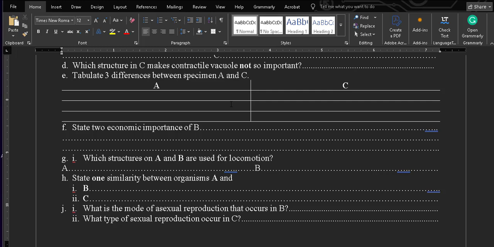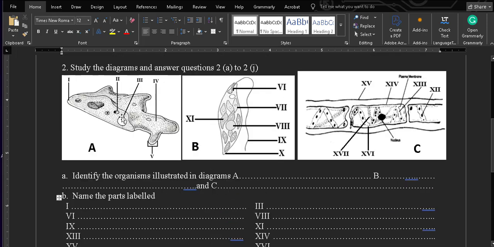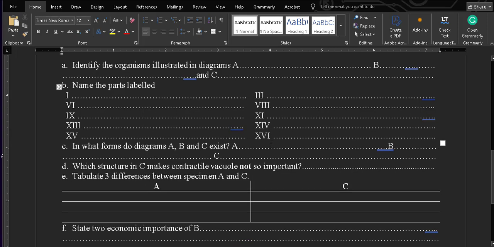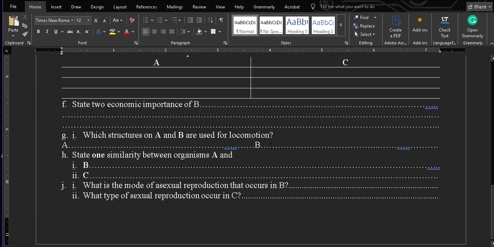We go to G. Which structures on A and B are used for locomotion? So we know that A is amoeba, so that will be the pseudopodium, shown here. And then for B, that's the flagellum, shown by IX. So that's A and B. Then we go to H. State one similarity between organisms A and B. So A is amoeba, B is Euglena.